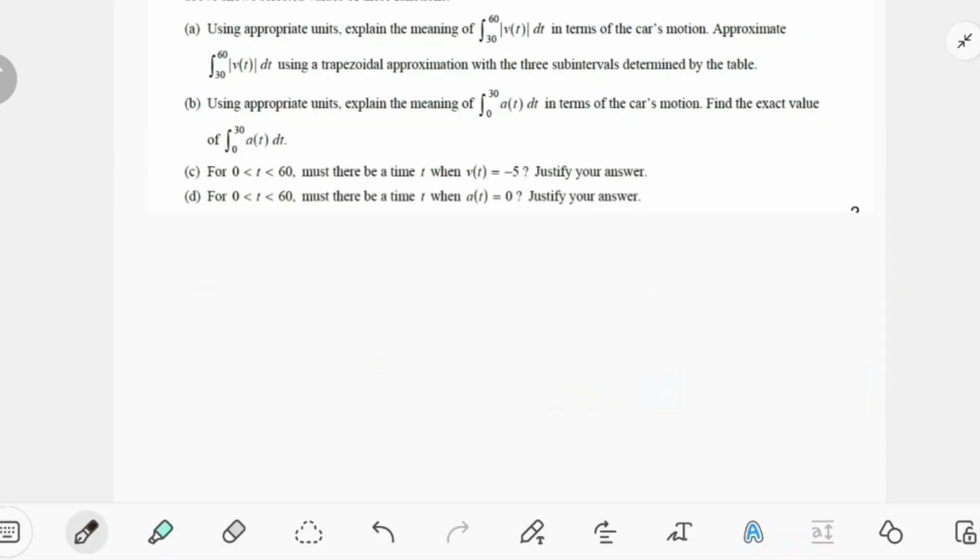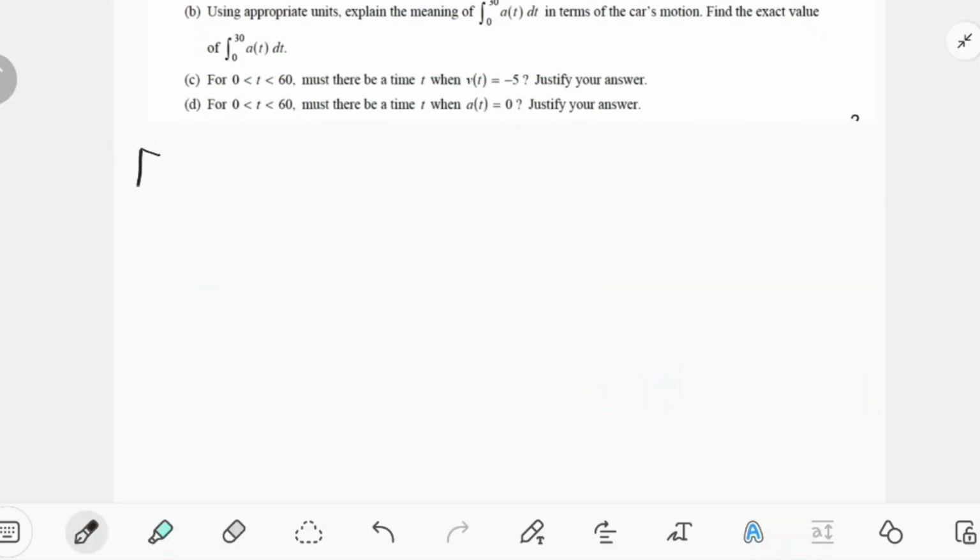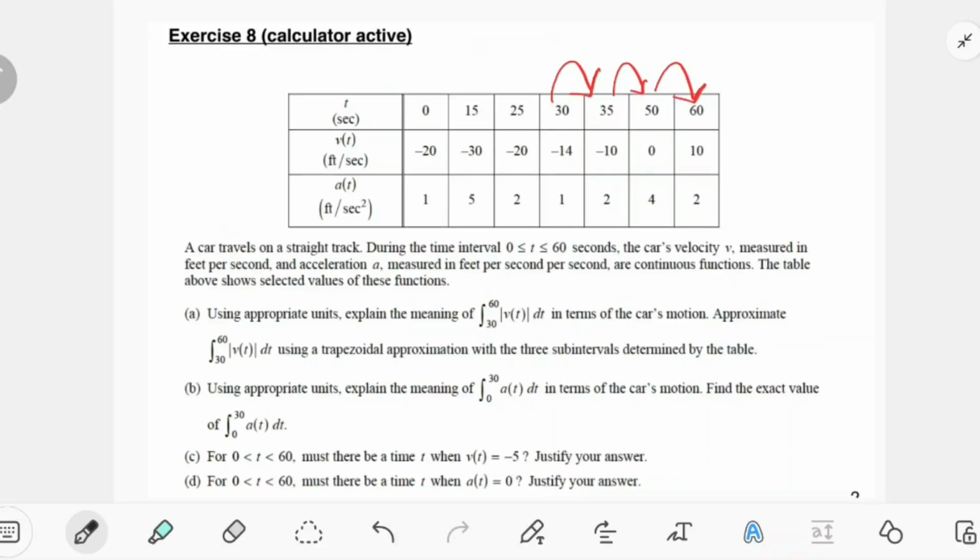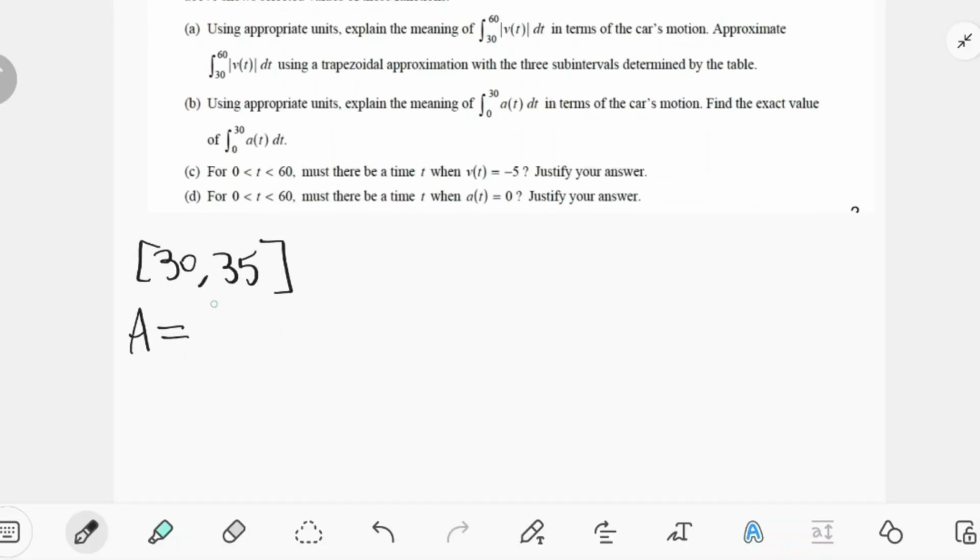So starting from the first subinterval, 30 to 35, the two bases of the trapezoid are 14 and 10, not negative 14 and negative 10, because we are integrating the absolute value of v of t. We divide this by 2 and multiply 5 because in this interval t increased by 5. We do the same for the next two subintervals.